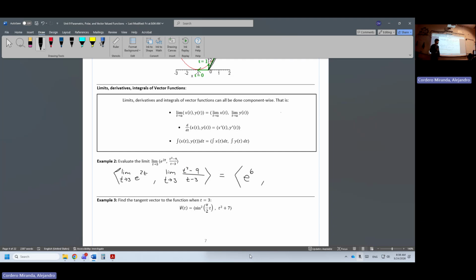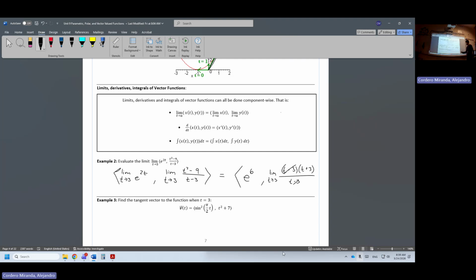So you actually got a couple options. What were you thinking, James? Just factor the top. Yeah, if you factor the top, then the t minus 3s will cancel. The other option would be to do L'Hopital's rule. 0 over 0 is one of the times where you can do L'Hopital's rule. In fact, that might be quicker, just 2t over 1 might be faster. But let's go with the factoring, like James said. Limit as t goes to 3 of (t minus 3)(t plus 3) over (t minus 3).